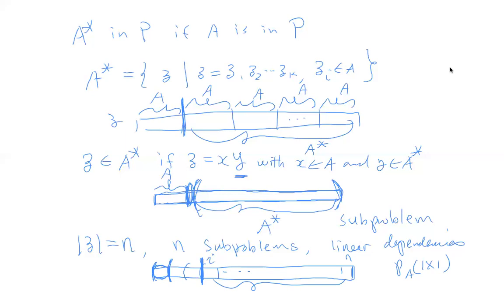For each subproblem, we're going to check, and we have the dependencies. So we are going to have PA of n times n squared, and this is the upper bound. This is a polynomial, which means that by looking at the recurrence relation, we actually know that A star is in P.